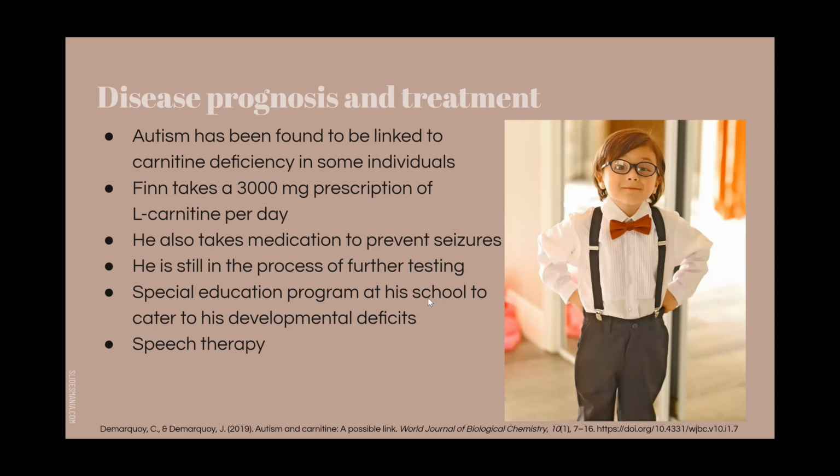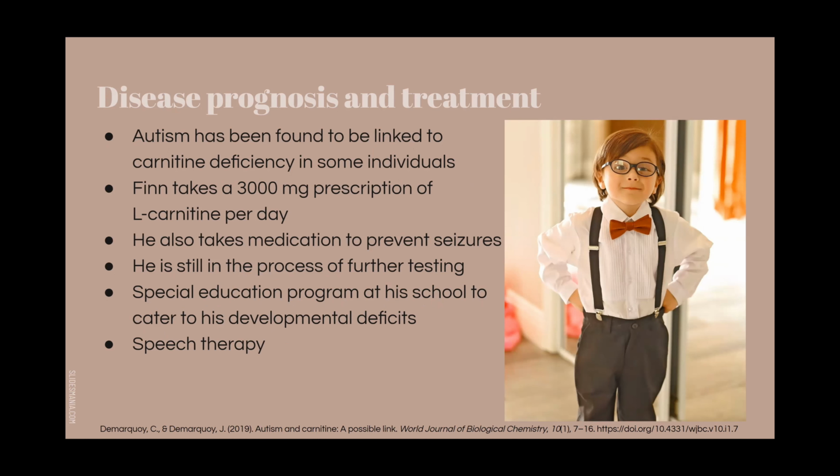So for his projected disease prognosis and treatment, as I mentioned before, autism has been found to be linked to carnitine deficiency in actually most of the individuals who have this disorder. Finn takes 3,000 milligrams of L-carnitine per day, 1,500 in the morning and 1,500 at night before he goes to bed.